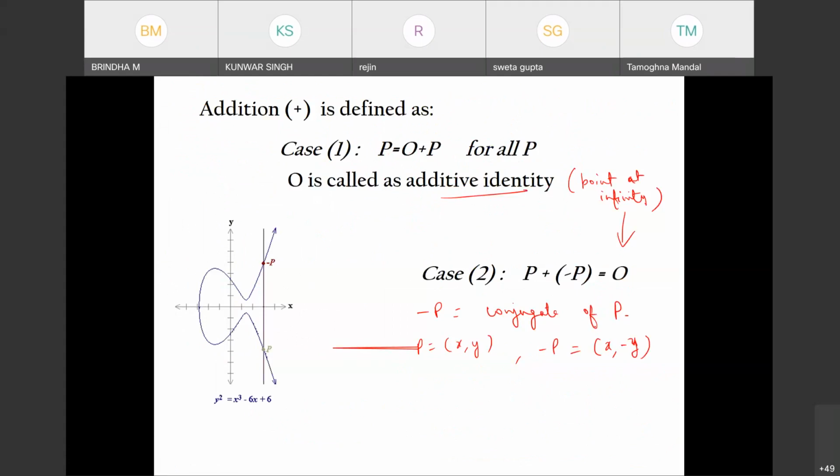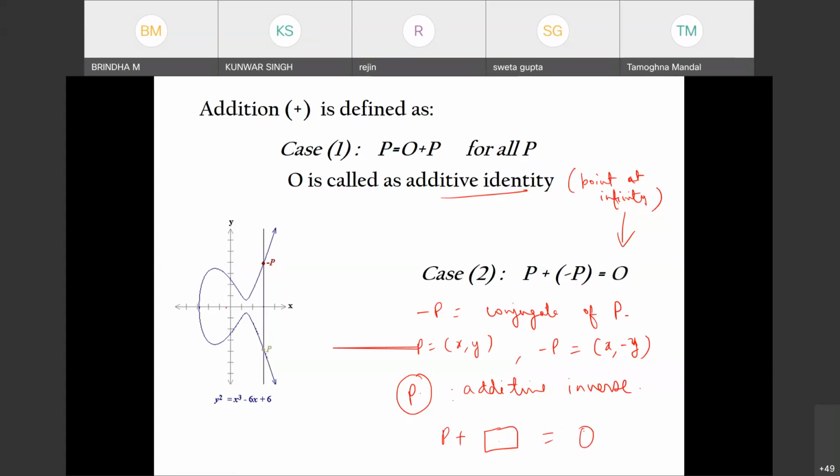Okay. What is the additive inverse of any point P? Any guess? Additive inverse? The additive inverse is what you have to add so that you will get the identity. The identity is the point at infinity.